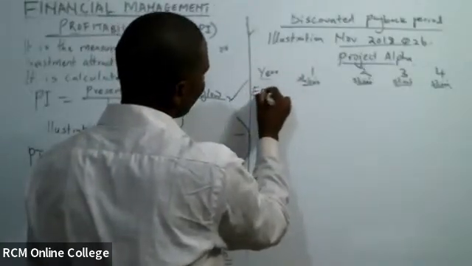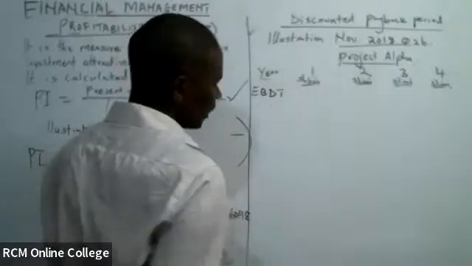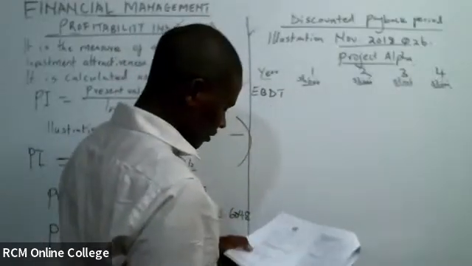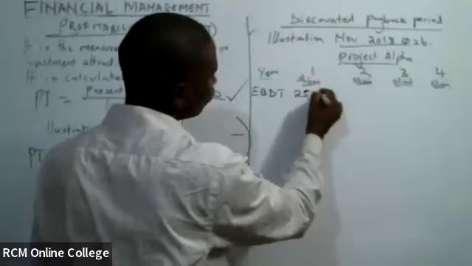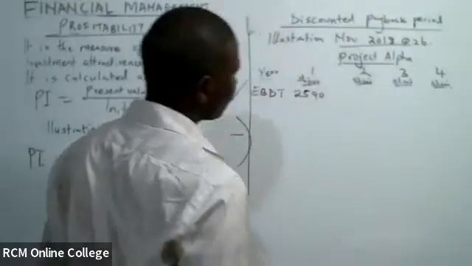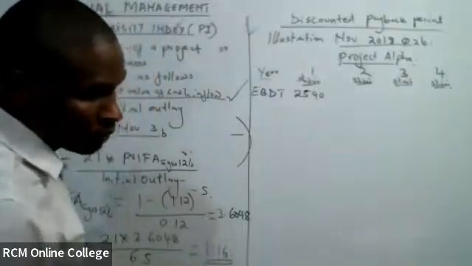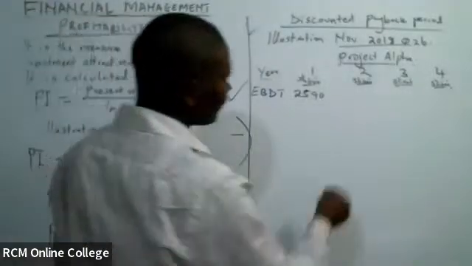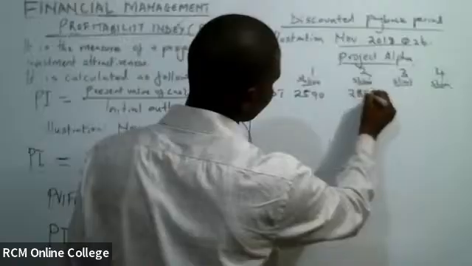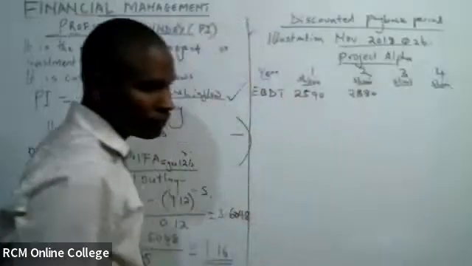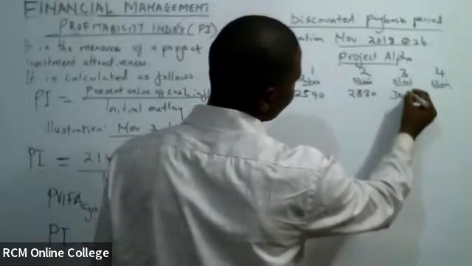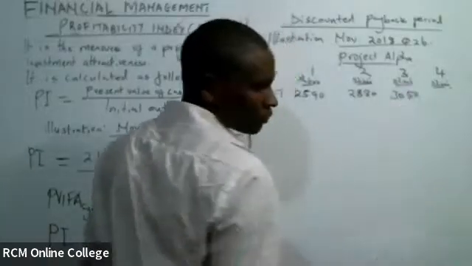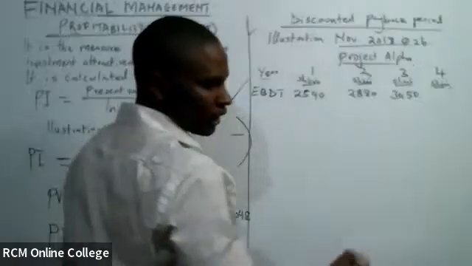So our earnings before depreciation and tax: Year 1, 2590. Year 2, 2880. Year 3, 3050. Year 4, 2950.